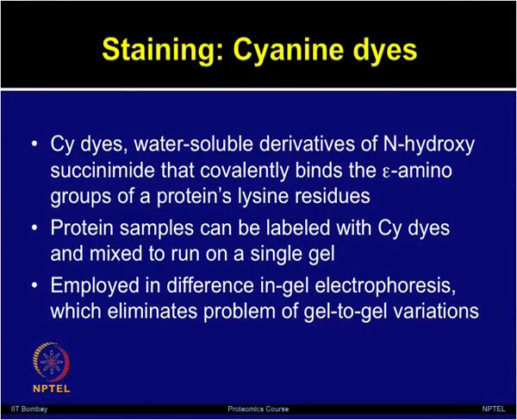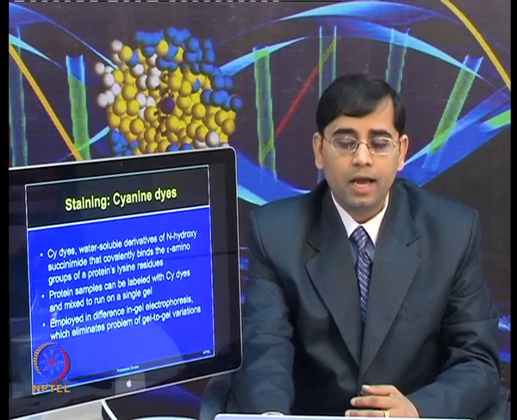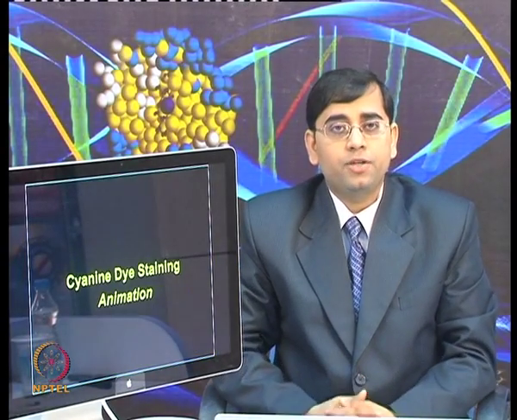So, this method is employed in difference gel electrophoresis, which is one of the very advanced forms of 2-dimensional electrophoresis, and it eliminates many gel to gel variation problems. I will describe this technique in much more detail in the latter part of the course, but briefly I will show you this animation for cyanine dye staining.